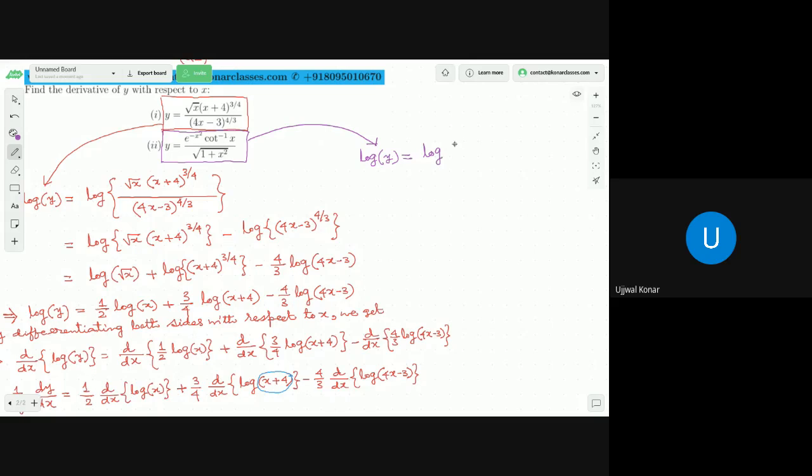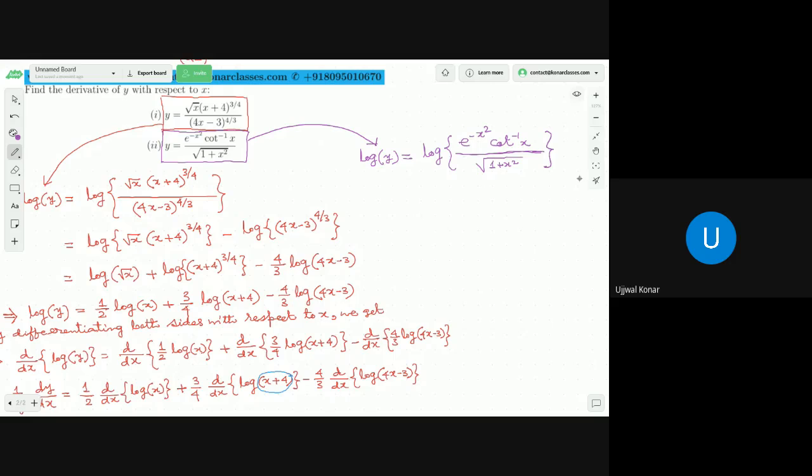So log y is log of e power minus x square into cot inverse of x divided by square root of 1 plus x square.